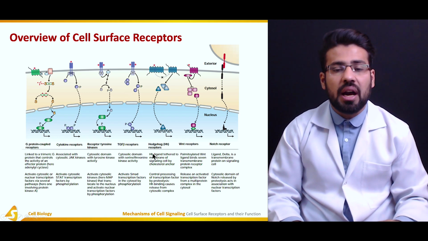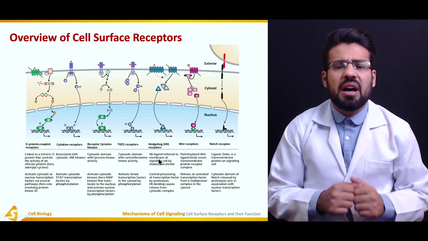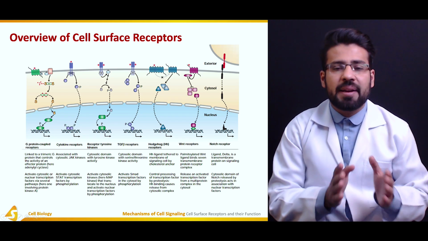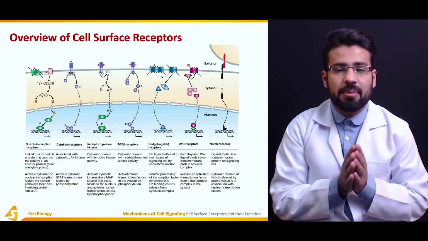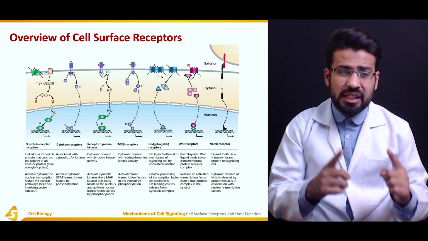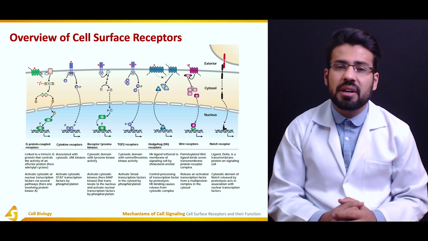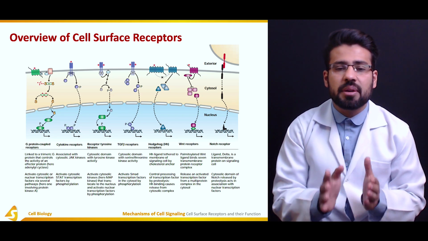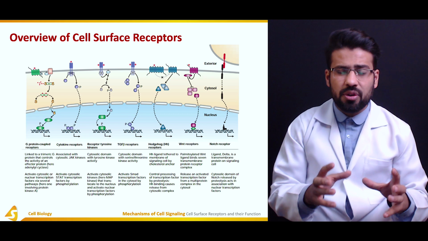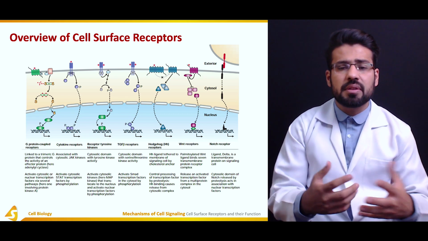We have hedgehog receptors. This plays an important part when they are tethered by the membrane signaling that is specific for the cholesterol anchor. So what happens in this particular case, we have a controlled processing of the transcription factor, and this controlled processing is done by proteolysis.